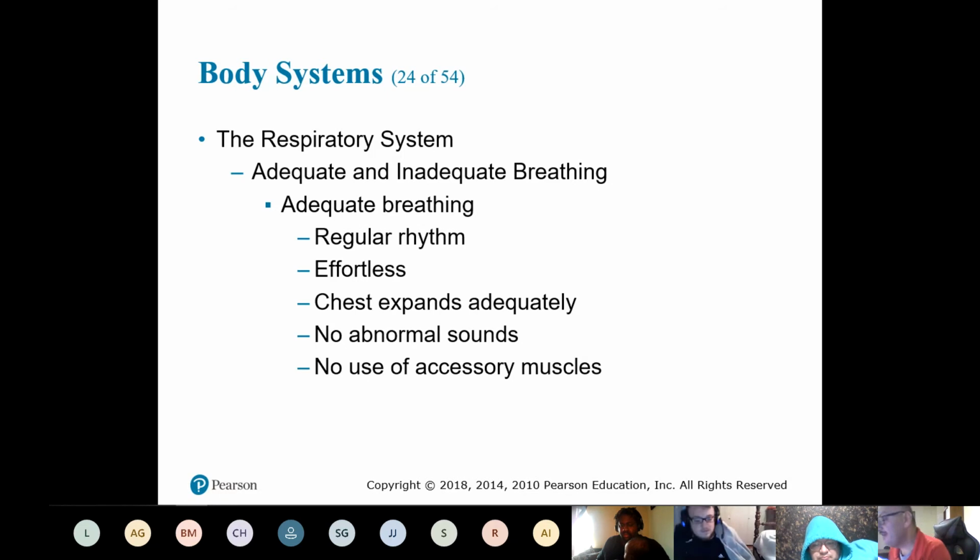Now, if you look at the last bullet point, it talks about no accessory muscles. Earlier with Seth, when he was hurting, he couldn't fully expand his chest, right? These accessory muscles are usually not used, but because he needs to get air, they come into play and help the chest expand to get more air in.